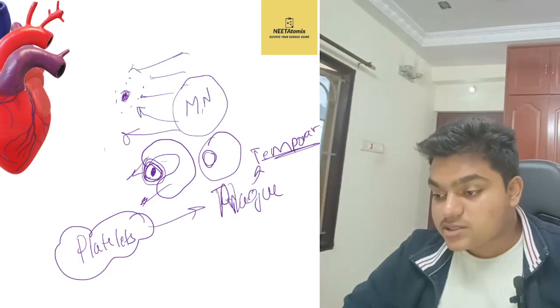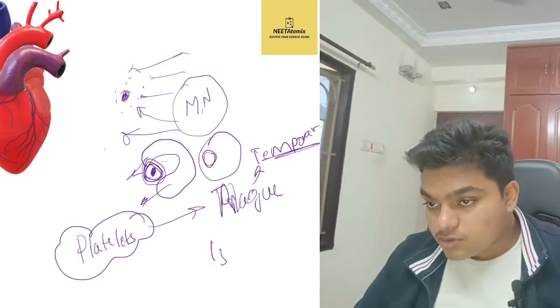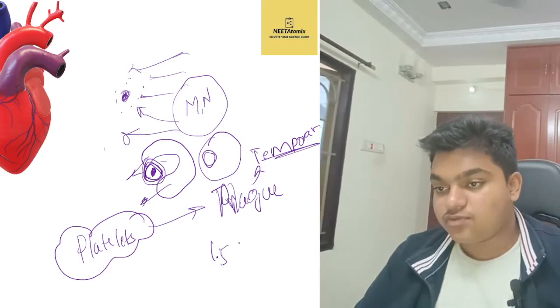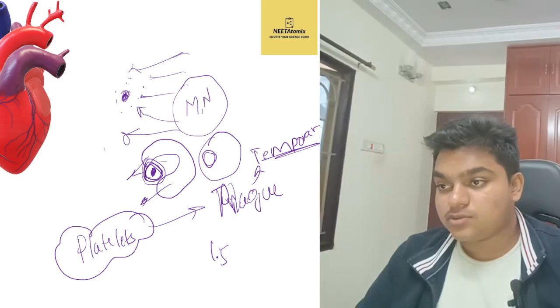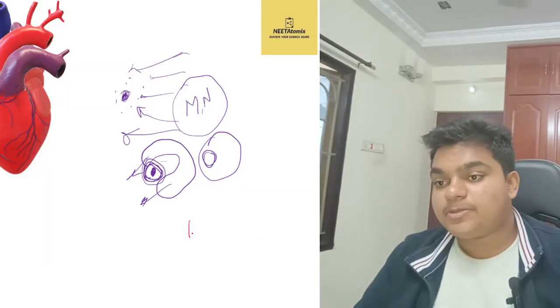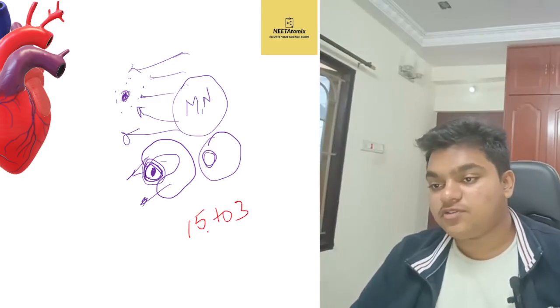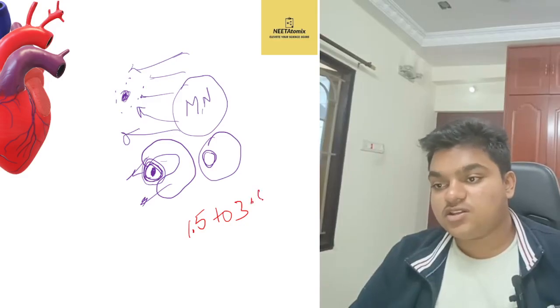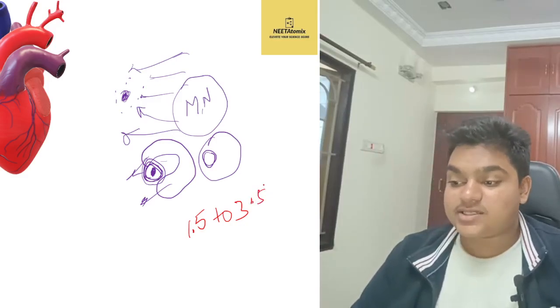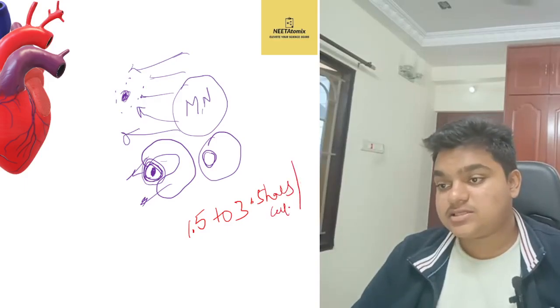And what is the normal value? The normal value of platelets is 1.5 to 3.5 lakh cells per millimeter cube of blood.